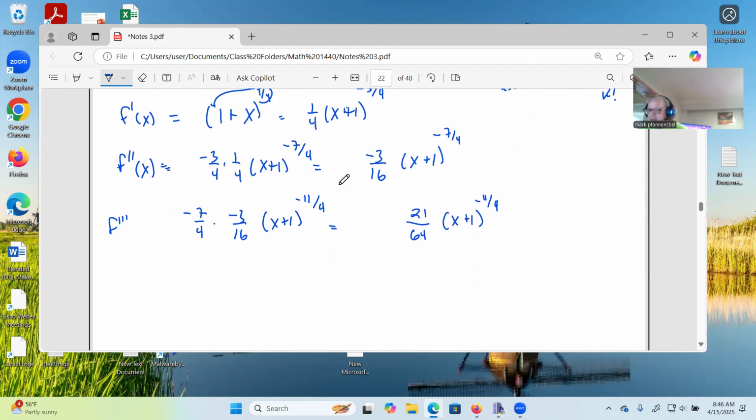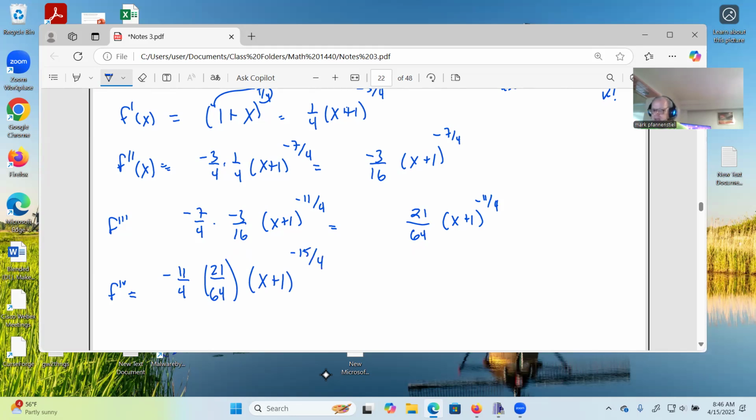All right. Last one, we have f4. Sometimes people write it in Roman numerals, sometimes not. Either way, this is equal to negative 11 over 4 times 21 over 64, then x plus 1, subtracting 1 again from the exponent, and it looks like we have negative 15 over 4.